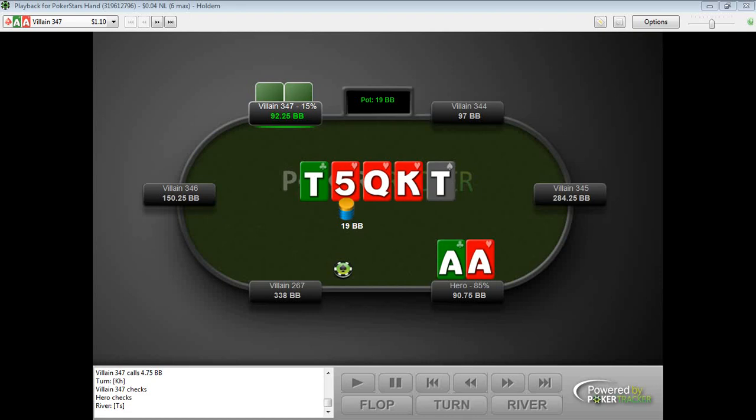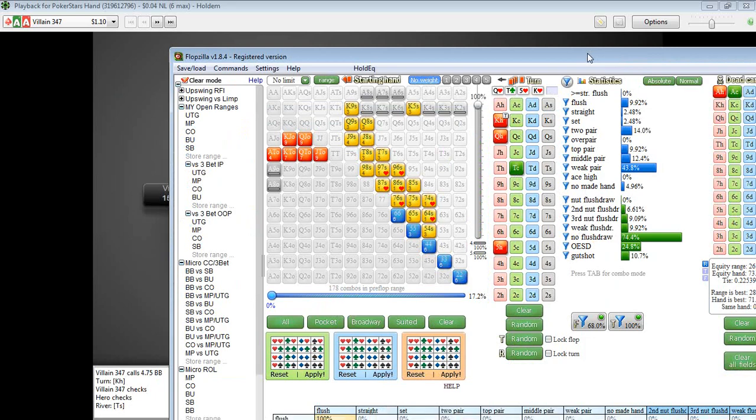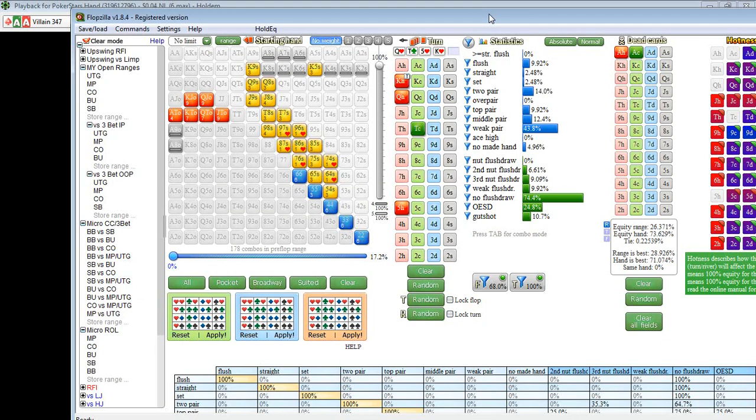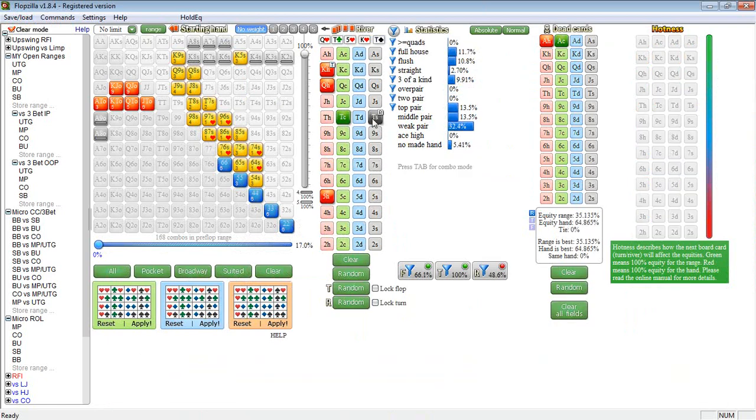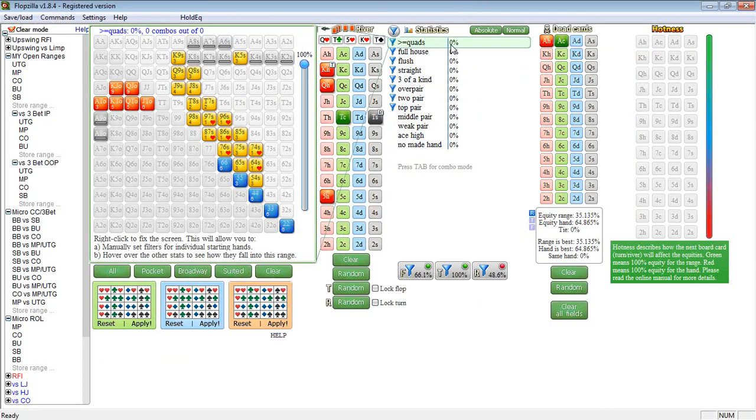So let's just take a quick look before we even see what the action is. This is a 10 of spades. What hands is he going to bet with here? Look at this. Quads. He doesn't have quads. So he's got all these full houses.